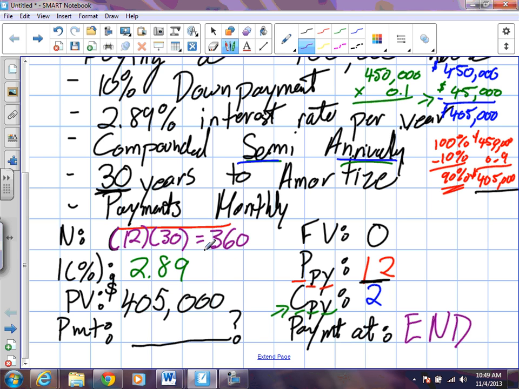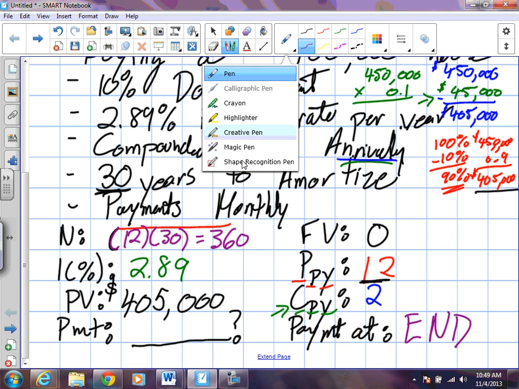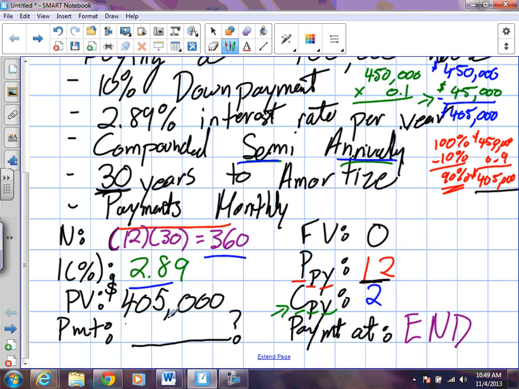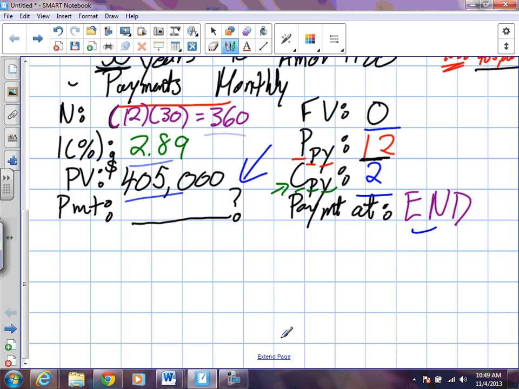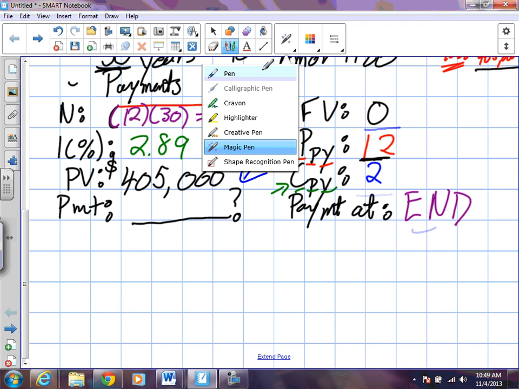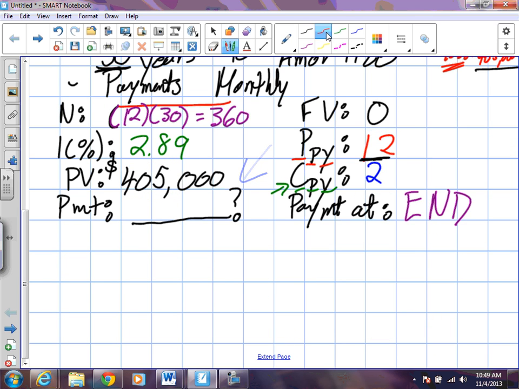So we've plugged in all of our values. We need to calculate our payments. How much are our payments going to be every single month? Does anybody know? $1,683. Excellent. So this is how much we have to pay every month.